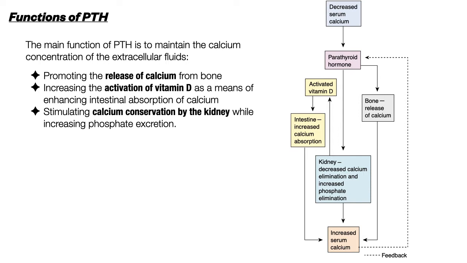Also, you know that for the absorption of calcium, vitamin D is essential, so this hormone increases the activation of vitamin D. Also, a way to increase blood calcium is to prevent its excretion by the kidneys. So the kidneys can retain that calcium in exchange with phosphate that is excreted.